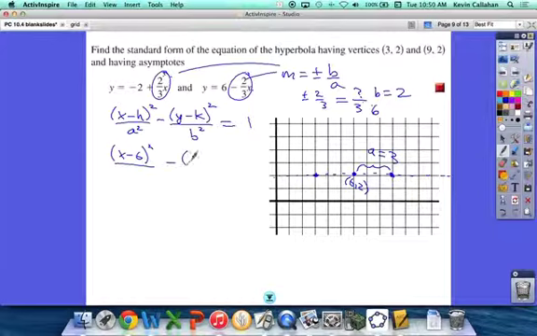I'm going to do this one at a time. Y minus 2 squared. The A is 3, so that's 9. The B is 2, so that's 4, equals 1. That's it. They didn't ask us to graph it or anything. Just write the equation.